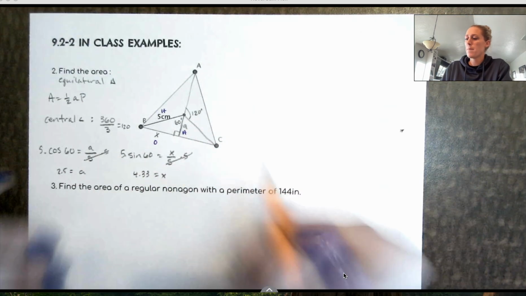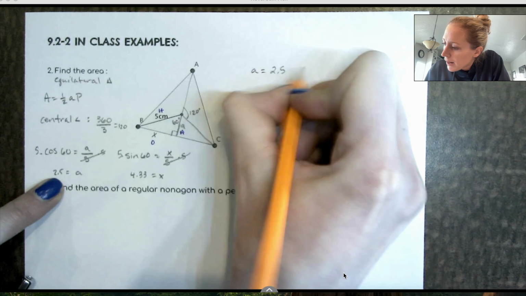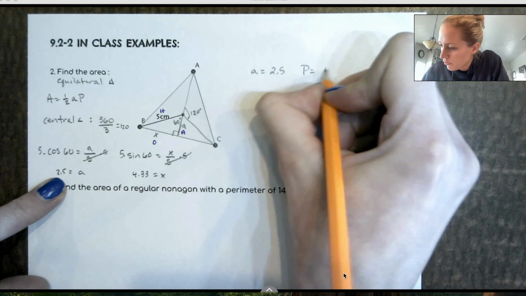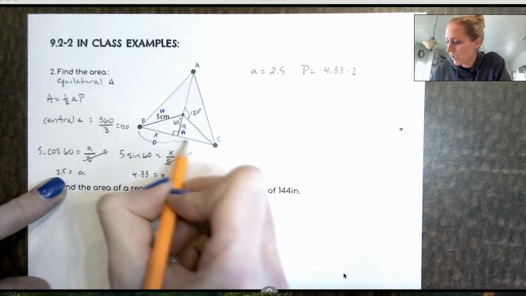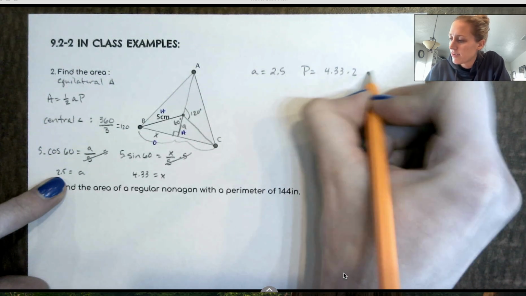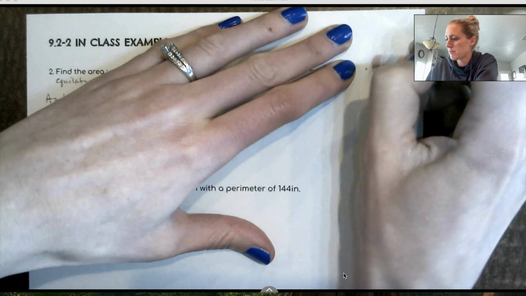Okay, so my apothem we found is 2.5. For my perimeter, X we just found is 4.33. So we're going to do 4.33 times 2 to get this whole side. And then I have 3 sides total. Sorry, 3 sides, not 6. Excuse me, getting ahead of myself here.